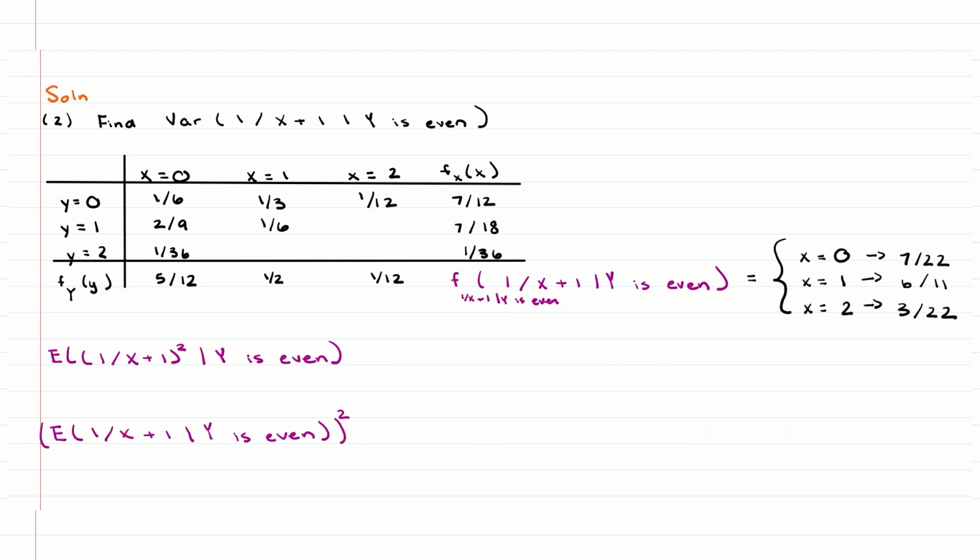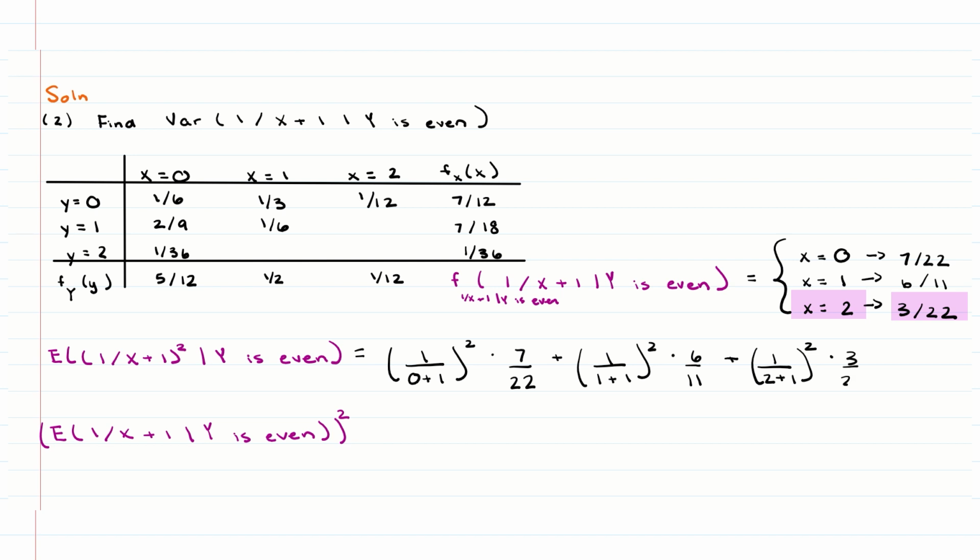For the expectation of 1 over x plus 1 squared, given y is even, we have 1 over 0 plus 1 squared times 7 over 22 plus 1 over 1 plus 1 squared times 6 over 11 plus 1 over 2 plus 1 squared times 3 over 22. And when we simplify, we get 31 over 66.